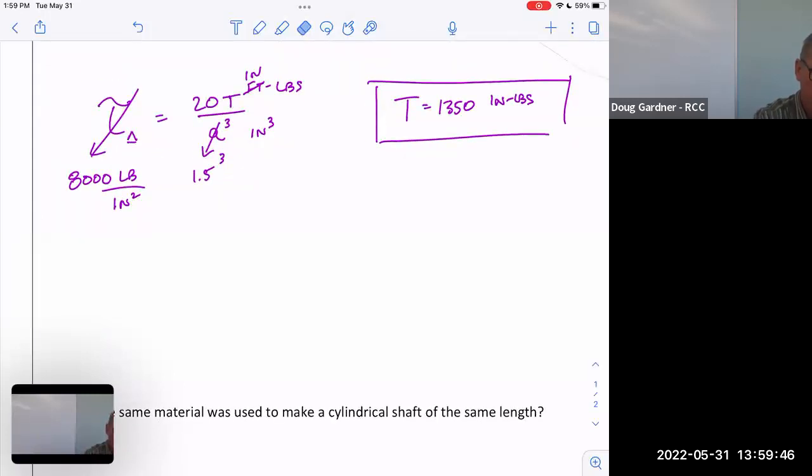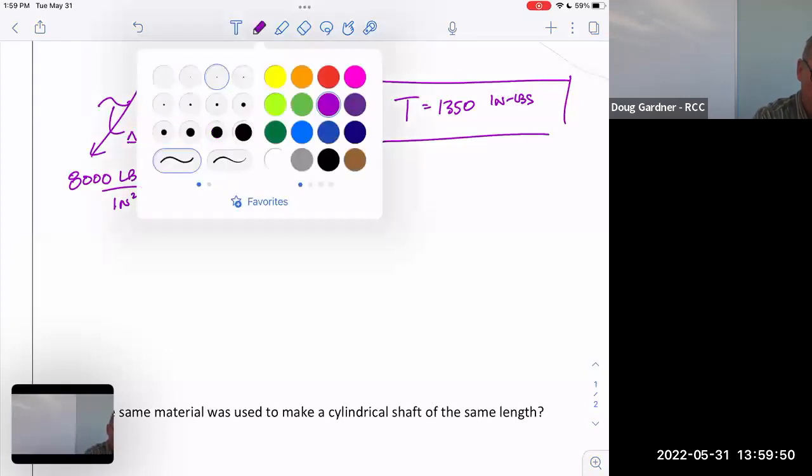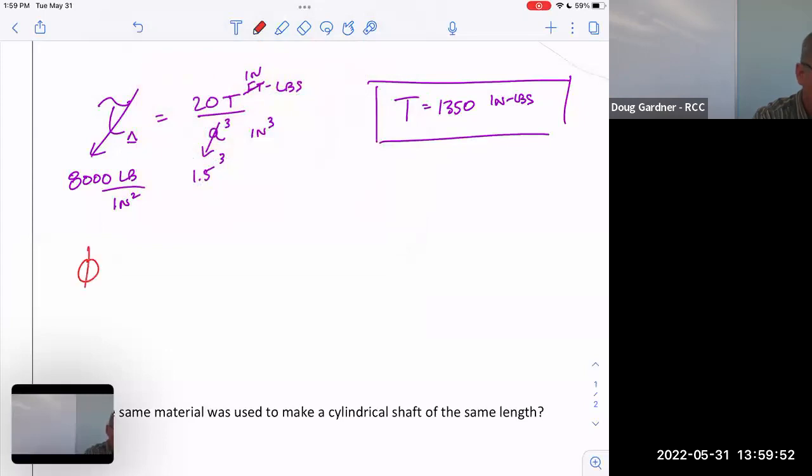So isn't the angle of twist equal to 46t times the length divided by a to the fourth, and then g, is it g?